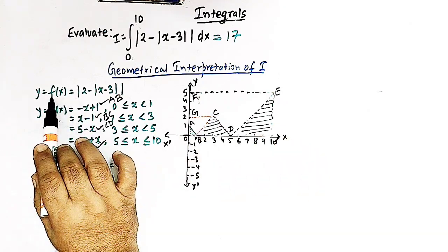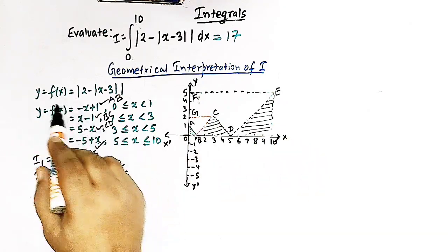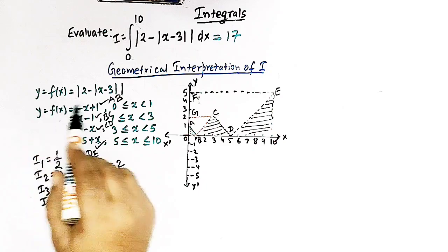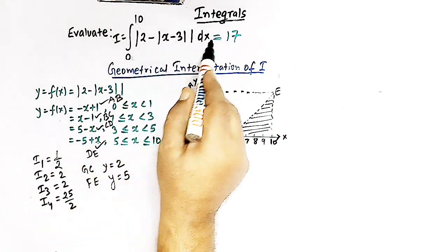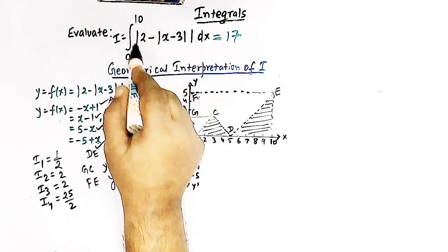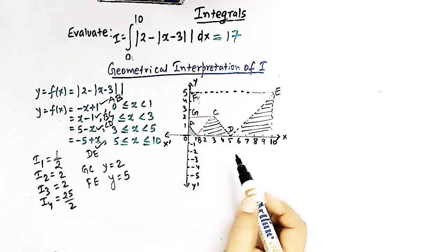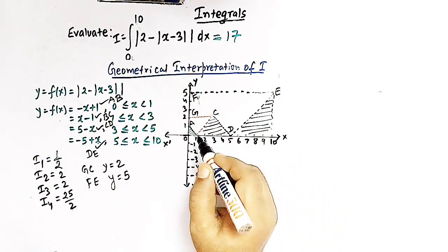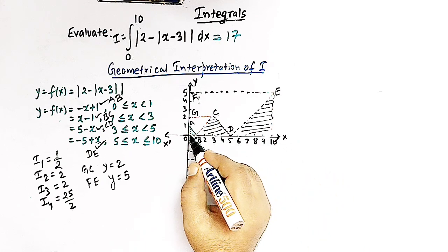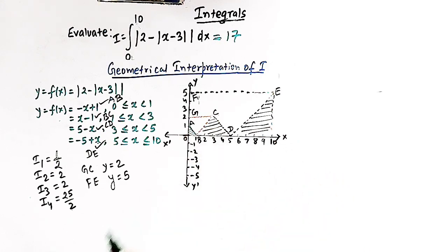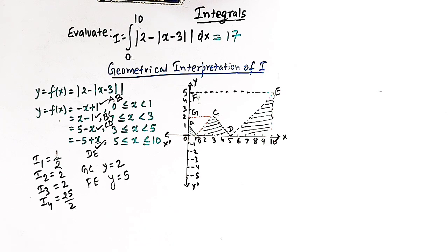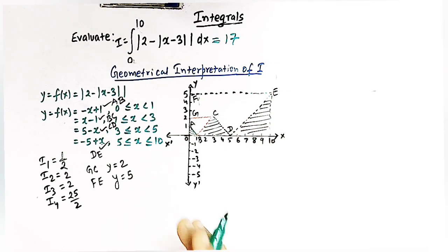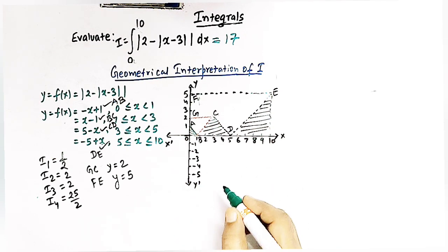So this function f of x, we have drawn this function f of x within the limits 0 to 10, and the area bounded by this curve f of x with x-axis is given by the sum of the areas of these three triangles. Now let us here see an interesting thing.